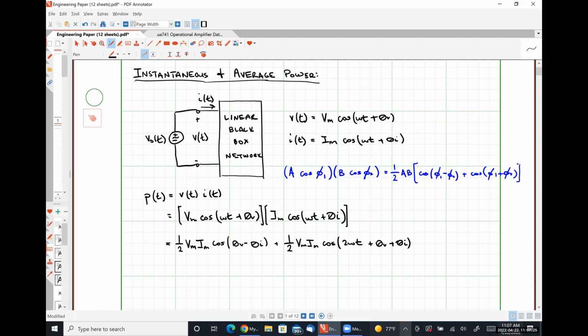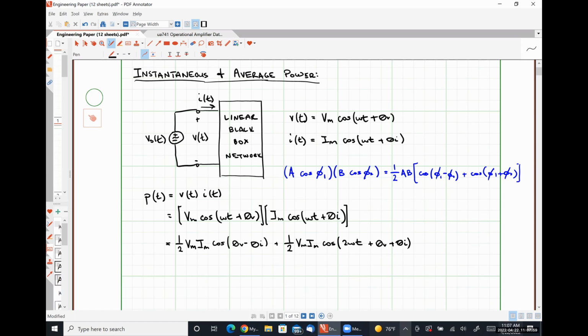We have derived it here to apply to a network that could contain independent sources, dependent sources, resistors, capacitors, and inductors, and any combination thereof. This is a generic expression that will work for any linear network, as long as we are able to determine the time domain voltage drop across the network and the time domain current flowing into the network.